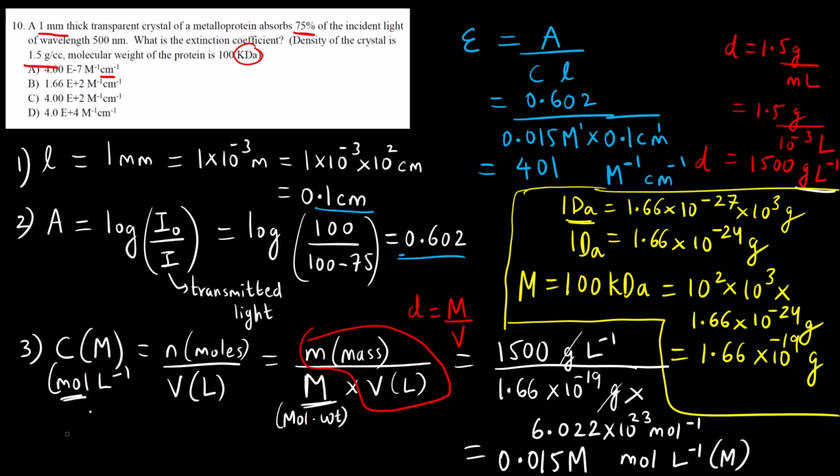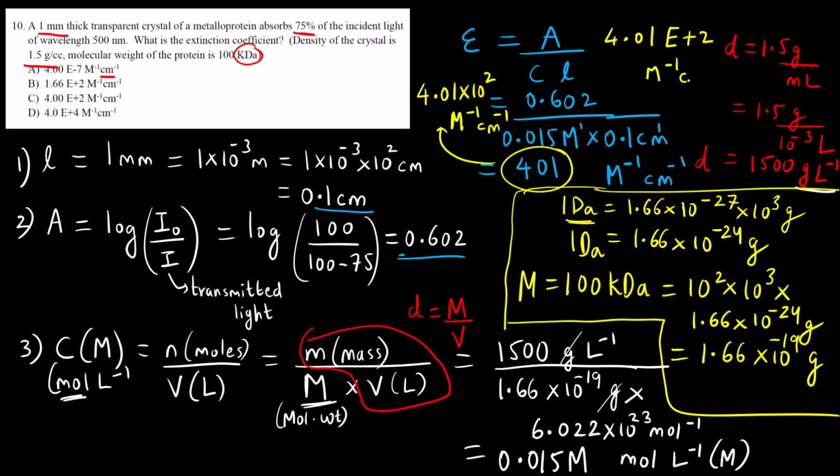So now you have to convert it into the given format. 401, I can also write it as 4.01 into 10 raised to 2, that is 4 into 100, same as 400, molar raised to minus 1, centimeter raised to minus 1. So the closest answer, power is 2. How can you write this? 4.01, 10 raised to is written as capital E, then the power is written as E plus 2.